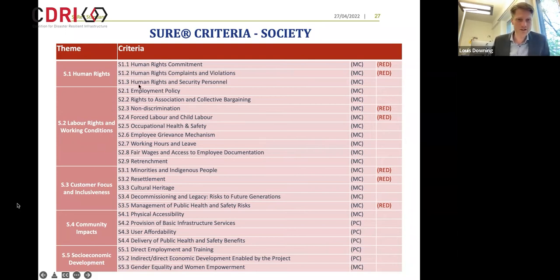And labour rights and working conditions, we've got 9 different criteria. So spanning policy, rights to collective bargaining, discrimination, forced labour and child labour as well, which we also notice is surprisingly important, especially in the construction phase of infrastructure projects, but also then in the operation of them, depending on the sector.